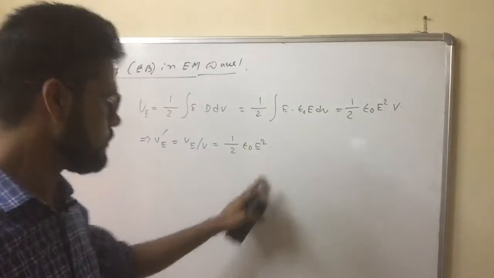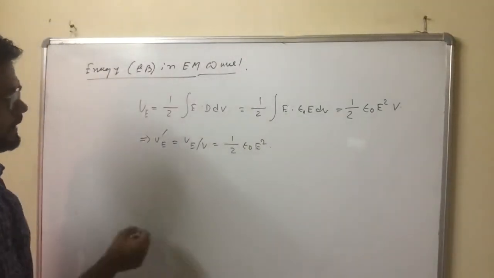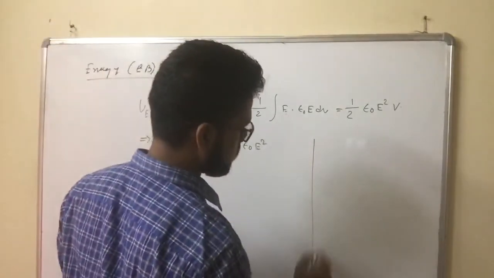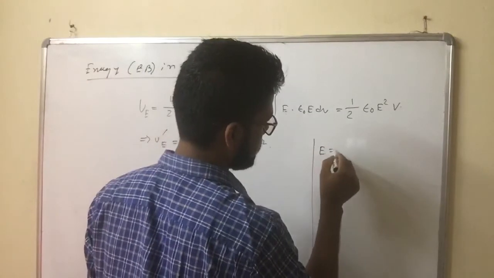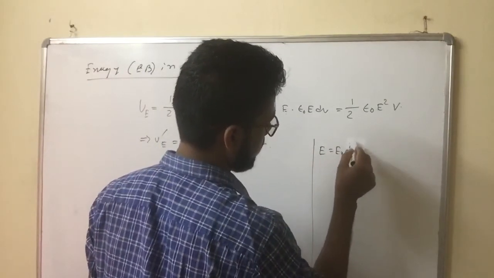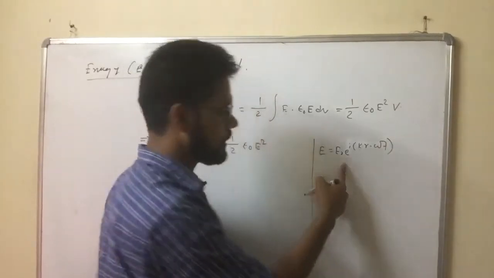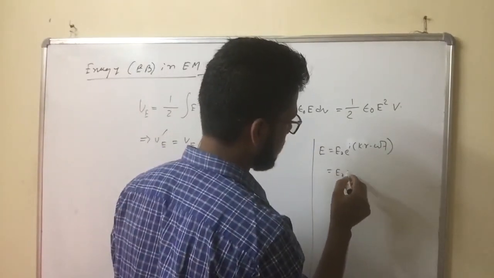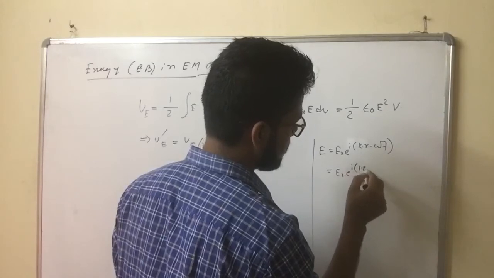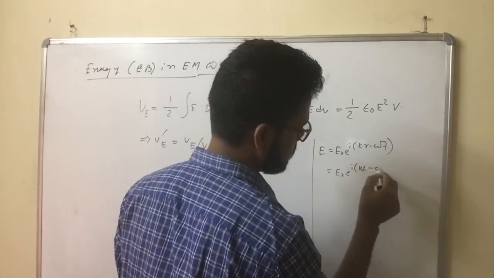Now, what is the energy? Because I have considered E equal to E naught e to the power i(k dot r minus omega t). It is a three-dimensional electromagnetic wave. If it is one-dimensional, I can write i(kz minus omega t).